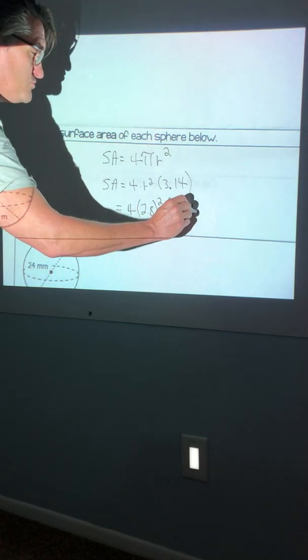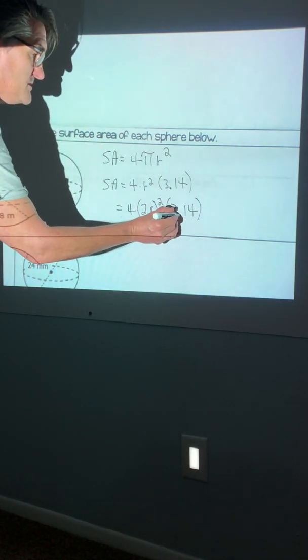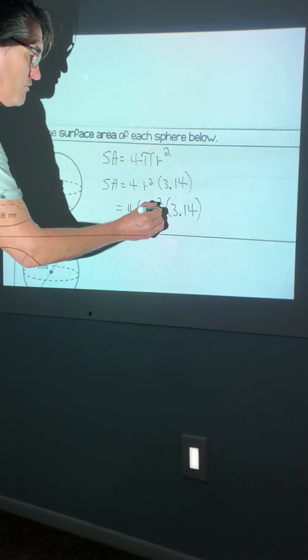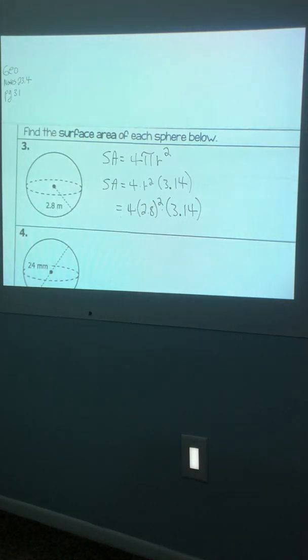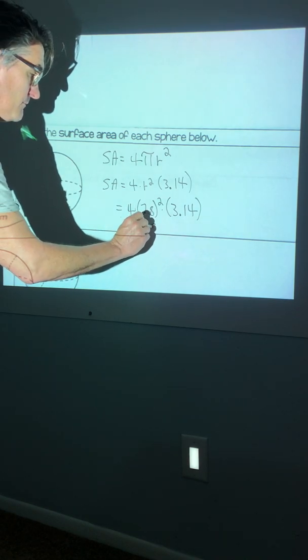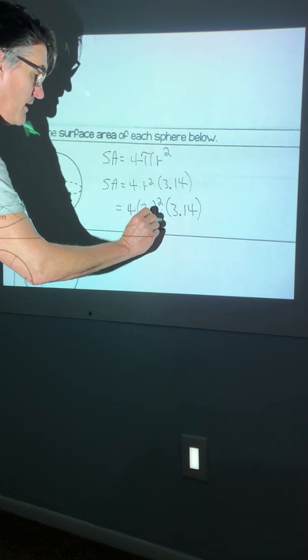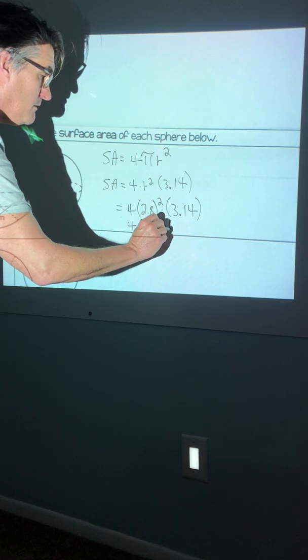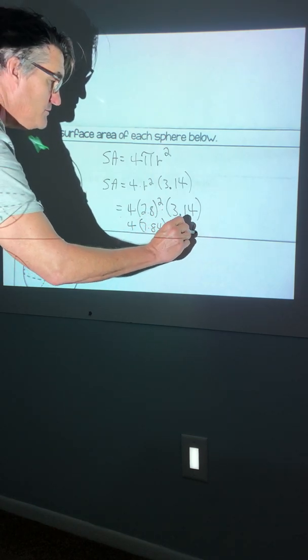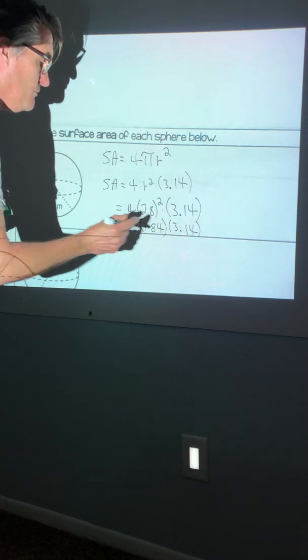If you're having a little trouble with this unit, maybe you forgot your order of operations. You've got to get that exponent first. So 2.8 squared first, and that's going to give you 7.84. Then you multiply by these other numbers. Exponents first, and then you can multiply.